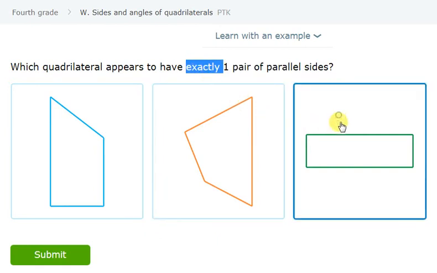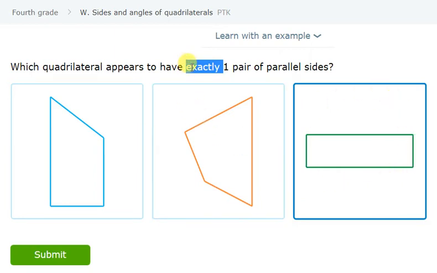If we look at this quadrilateral, it has two pairs of parallel lines. You can see that this line and this line are parallel to each other, so this is one pair, and this line and this line are also parallel to each other, so these are also a pair of parallel lines. So it has two pairs of parallel lines.